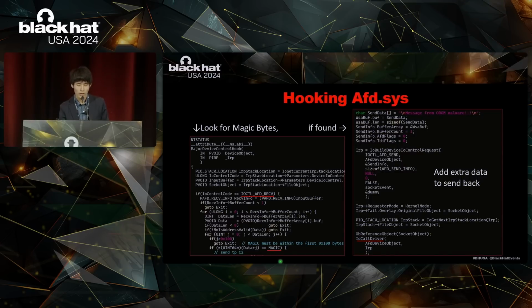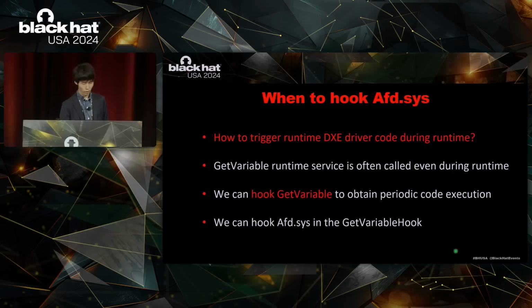If found, it adds additional communications to the socket. This allows communications to be sent and received with the infected device even after the OS has started. So we now know that we can hook AFD.sys from a runtime DXE driver using kernel exports directly.